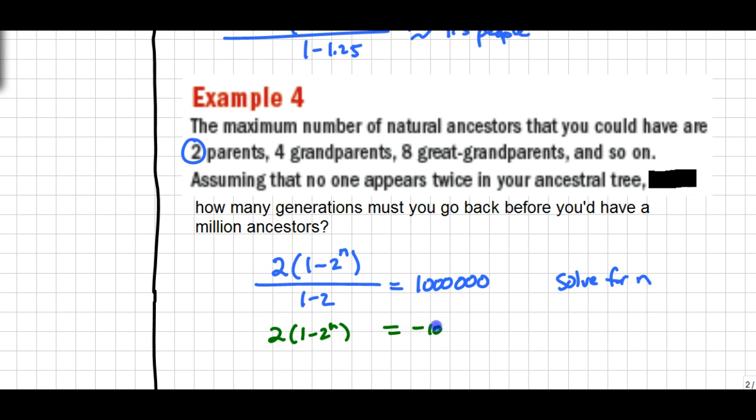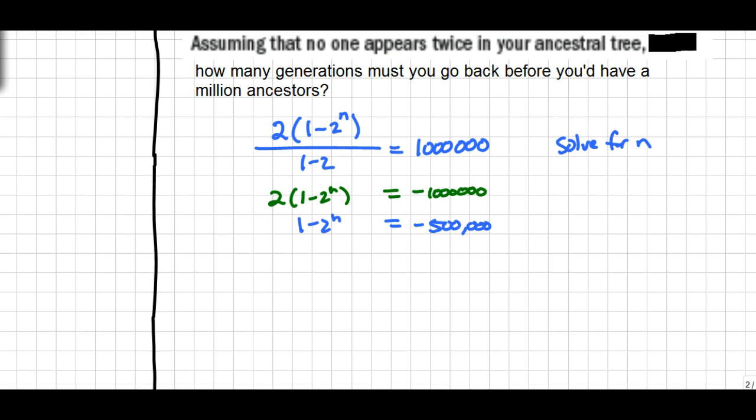So I end up with negative 1,000,000 on this side. Now the thing that's the furthest away from the n is the 2 that's out here, so I'm going to divide by 2. And then I'd subtract 1 from both sides.